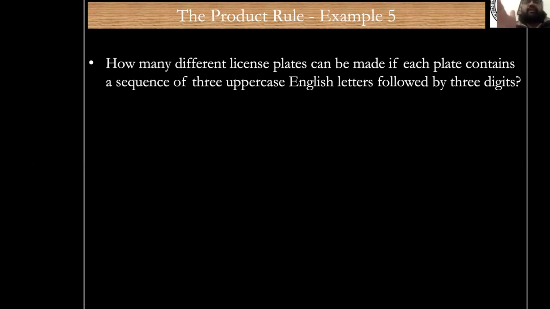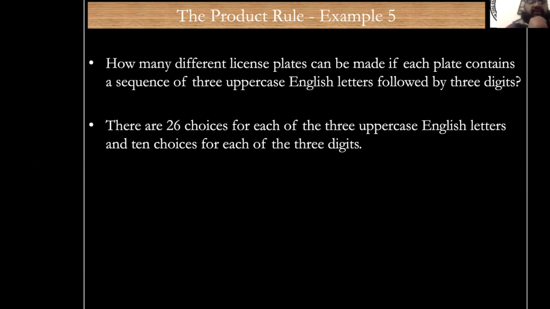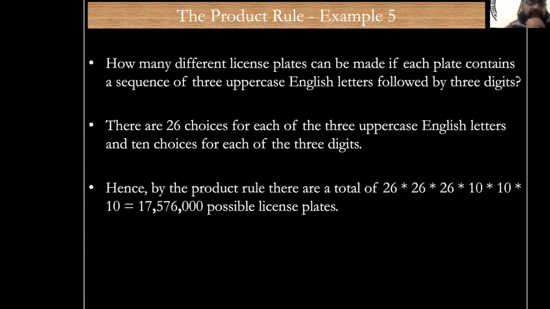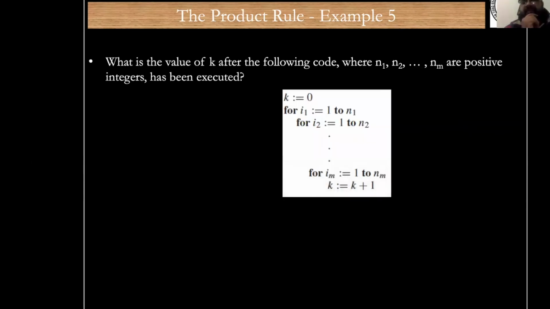The 26 choices for each of the 3 uppercase English letters and 10 choices for each of the 3 digits. Hence, by the product rule, there are a total of 26 into 26 into 26 into 10 into 10 into 10, which is equal to 17,576,000 possible license plates.